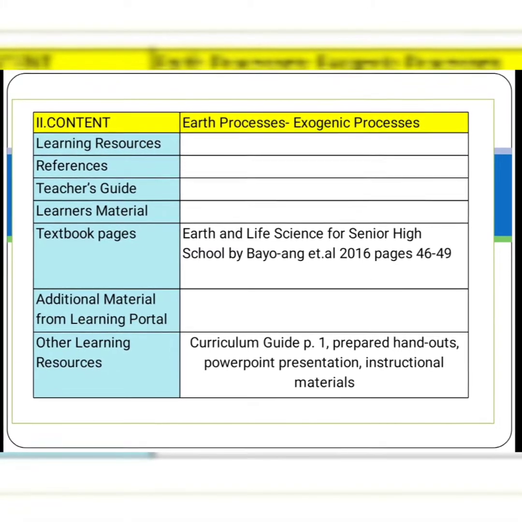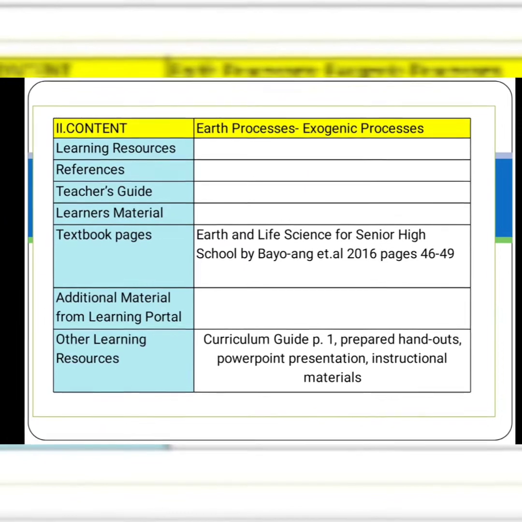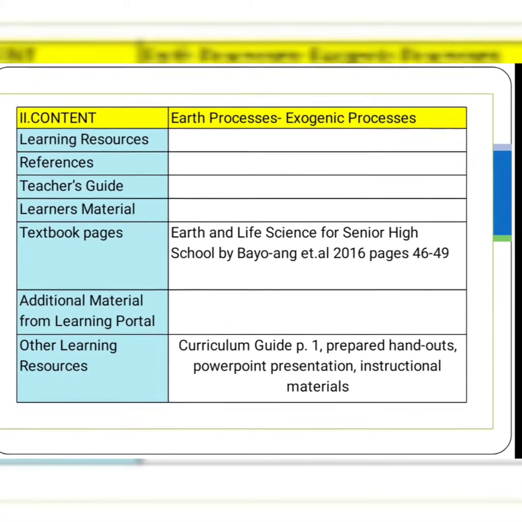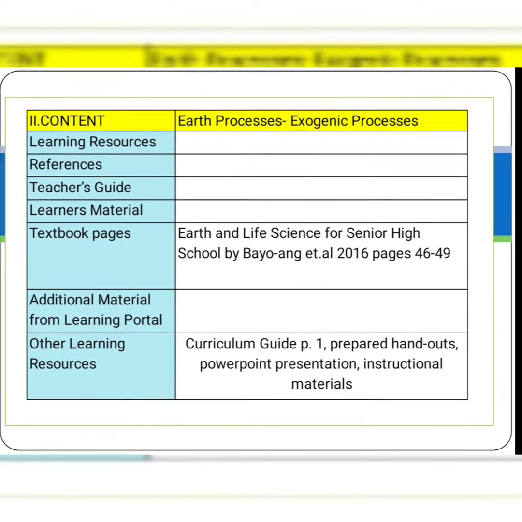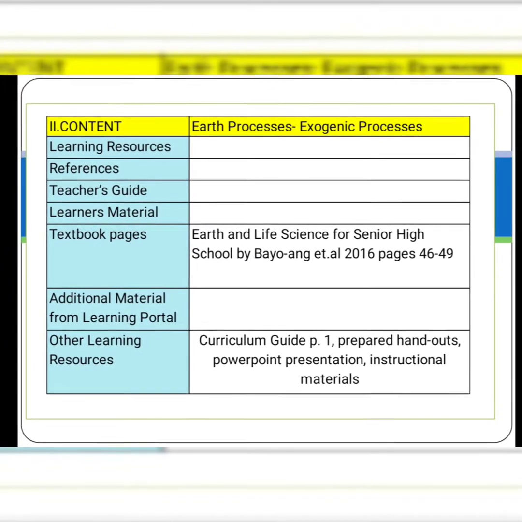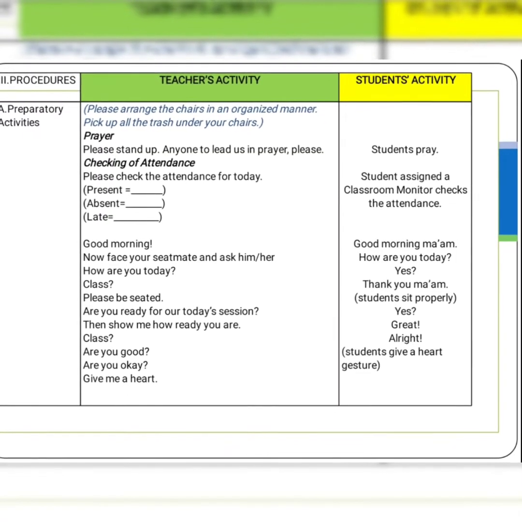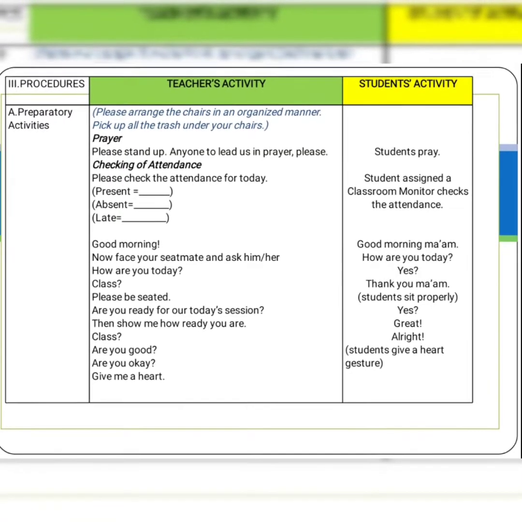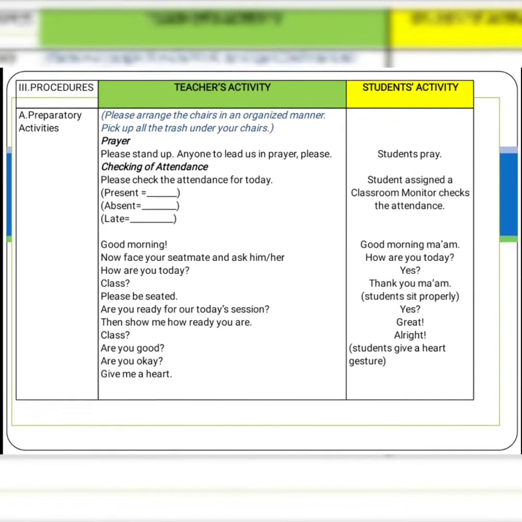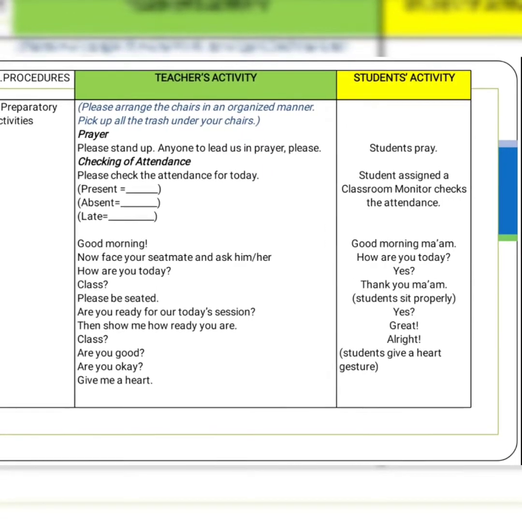First, objective. Second, content. Now let's move on to procedures. How do we write the procedures? Of course, you have to separate two columns for teachers' activity and then students' activity. Most of the teachers have encountered errors in placing the apostrophe.